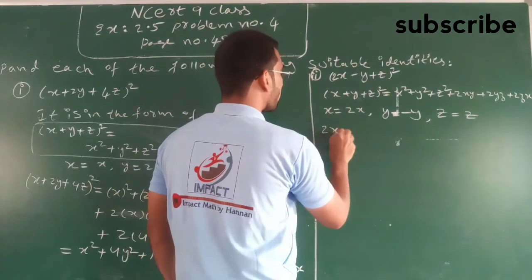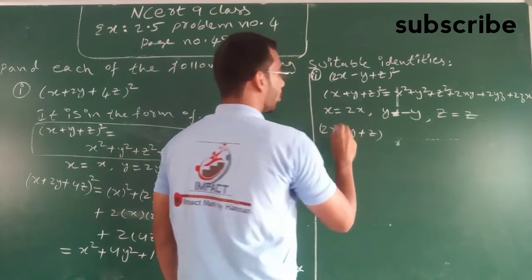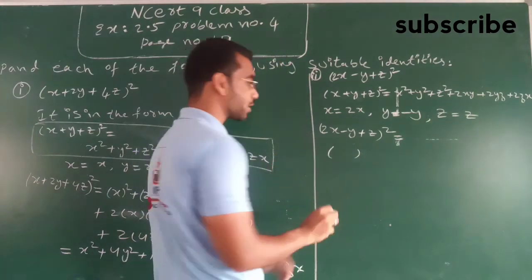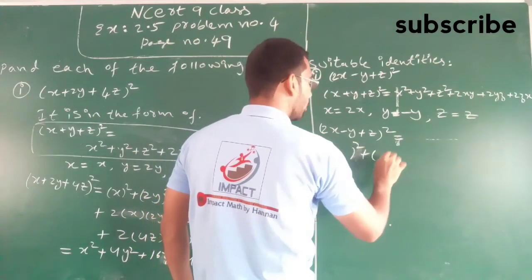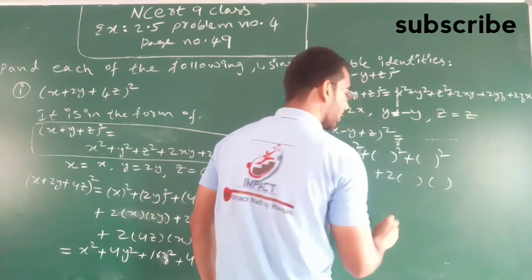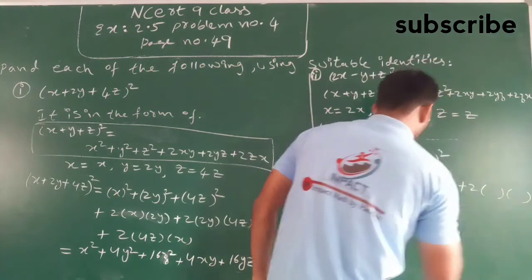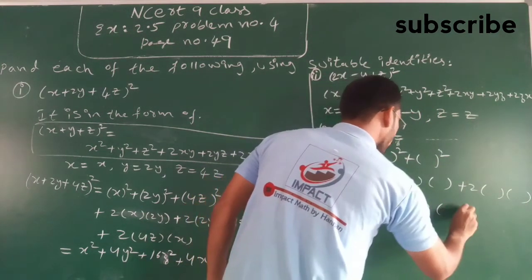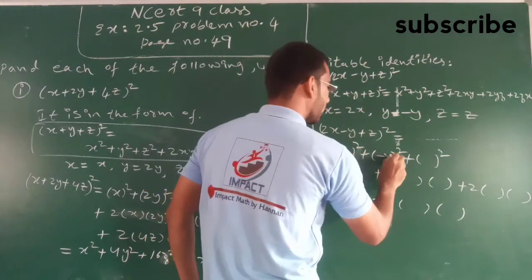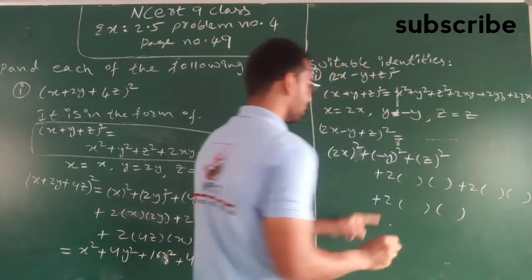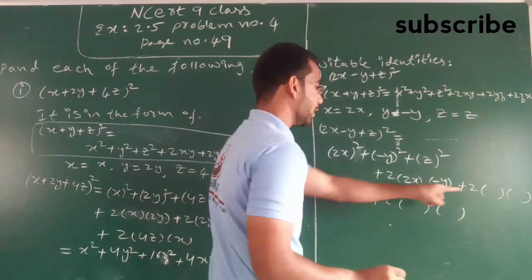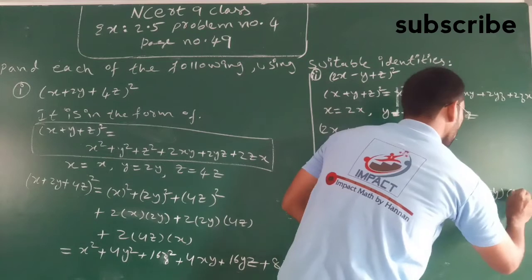Now substitute in the formula. 2x minus y plus z whole square is equal to, for better understanding, put the brackets and square. Plus 2 into x, which is 2x, y which is minus y, and z which is z only.